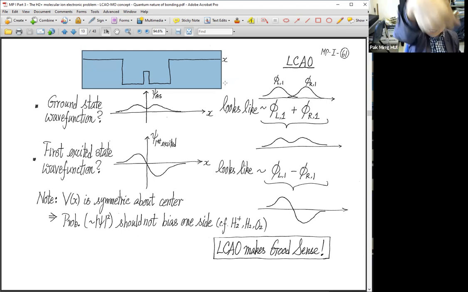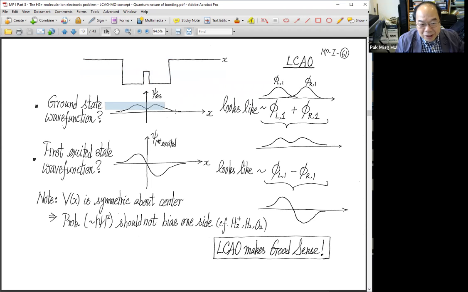You can go to the other side of your monitor, then this is the rear wheel, and my left will be that person's right, my right will be that person's left. So we would expect the probability of finding the electron to be symmetric about the midpoint. So with all this idea, this is a very reasonable sketch.